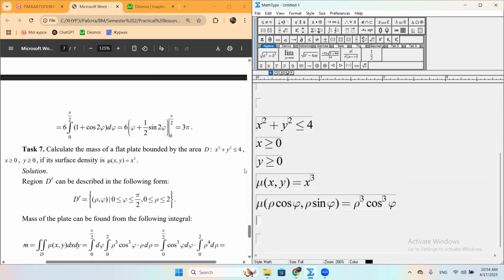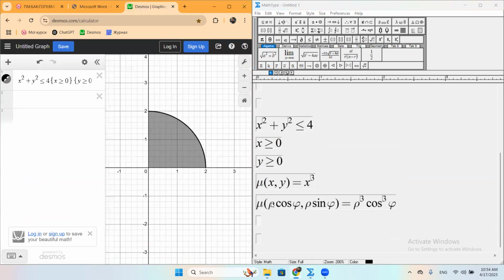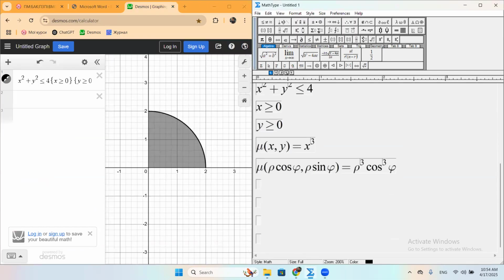Okay, and now we see from the graph that phi has values from 0 to pi over 2.